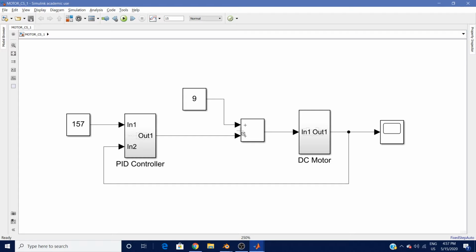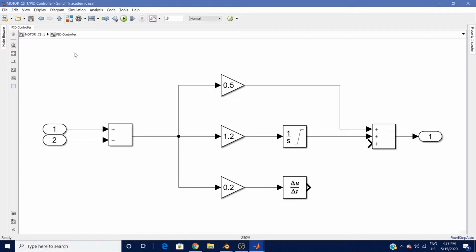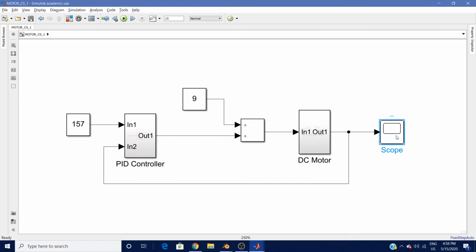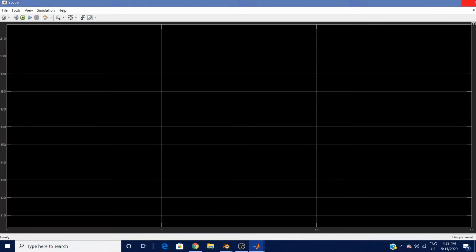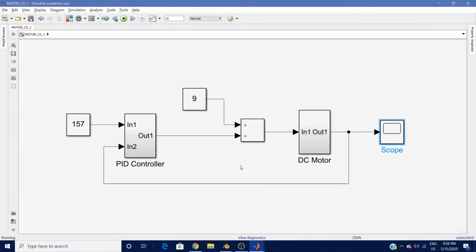Okay, so as this opens up, now let's see if this is okay. Yeah. So let's just run the simulation again. It should work. It definitely worked while testing it out. There's no reason why it should not be working.